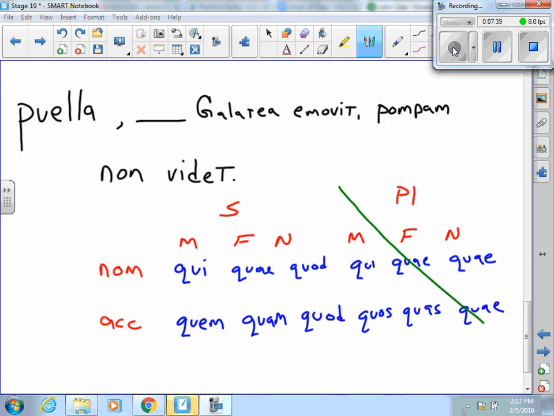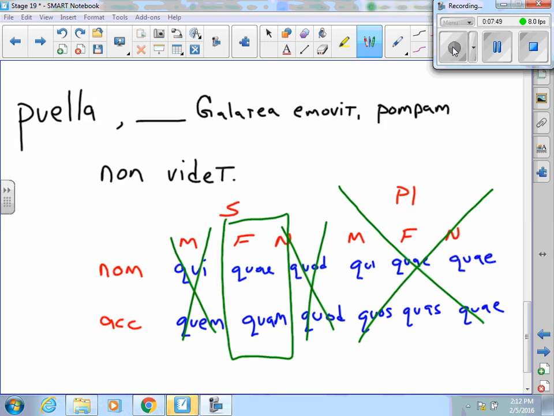I can also tell that it's feminine, so the masculine and the neuters cannot be used. I have eliminated all but two possibilities, which are quae and quam. Once again, I have to ask myself, what is needed inside that clause? We already know that it's going to be accusative because it was earlier. Galatea is already nominative. So I'm going to use quam because that's the accusative form I need.